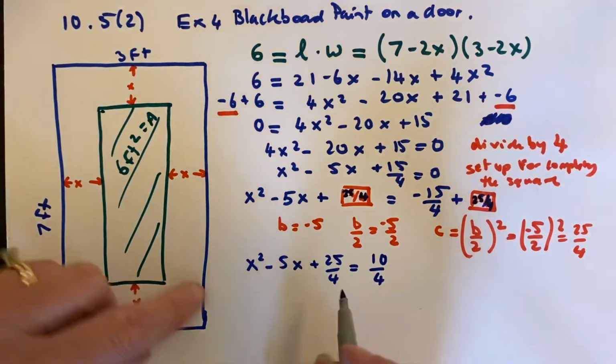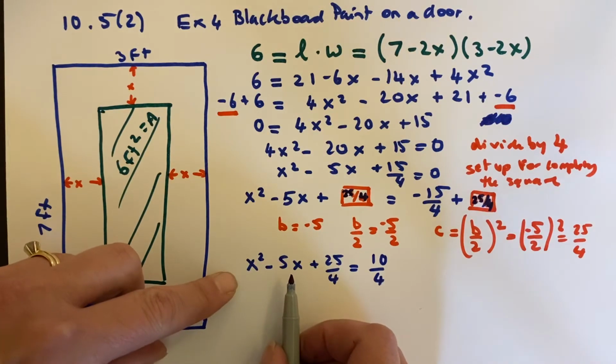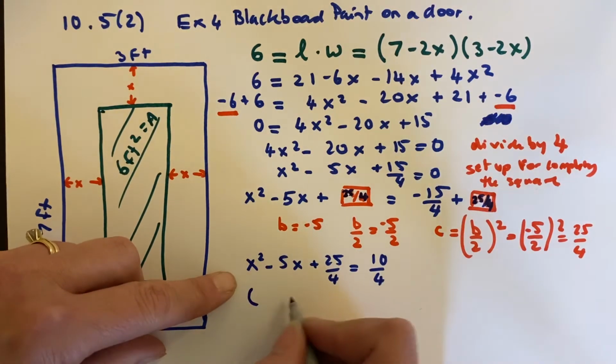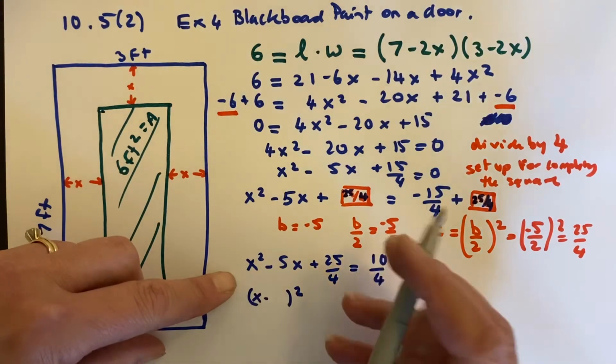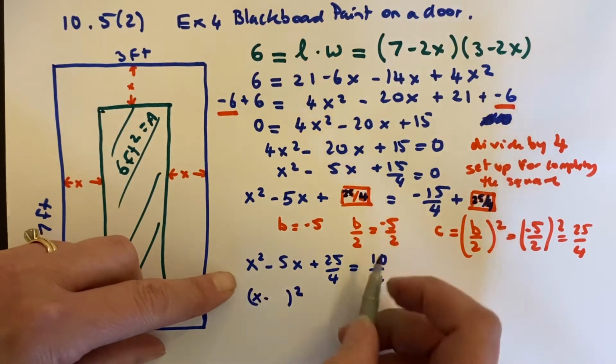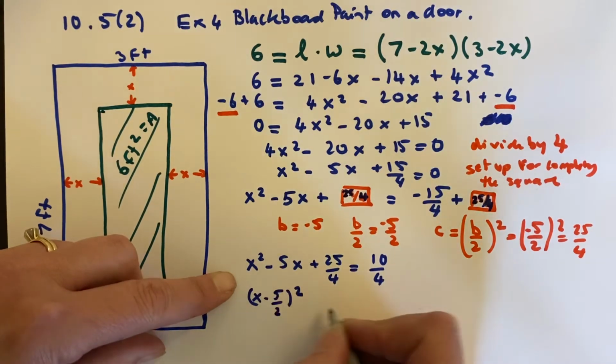Because I've now made this into a perfect square trinomial, I can now set it up. X minus, remember, b over 2 is what's going to go in here, and that's minus 5/2. And that's going to equal 10/4.